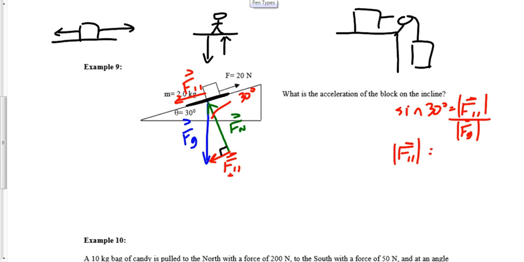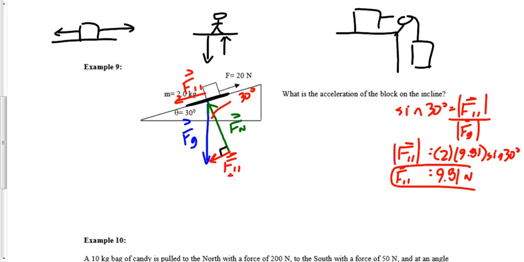The force of gravity is m times g, so F parallel is 2 times 9.81 times sine 30. 2 times 9.81 times sine 30 gives me, I think it's just 9.81 actually. Just a coincidence. Now, that's not my final answer, right? But it is F parallel, which means I've done the hard part.